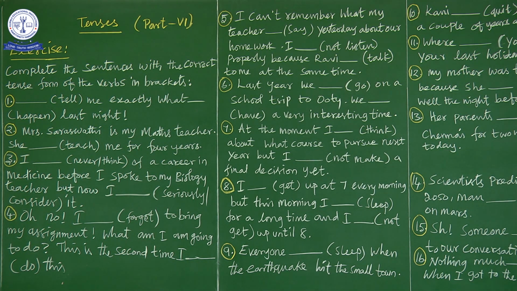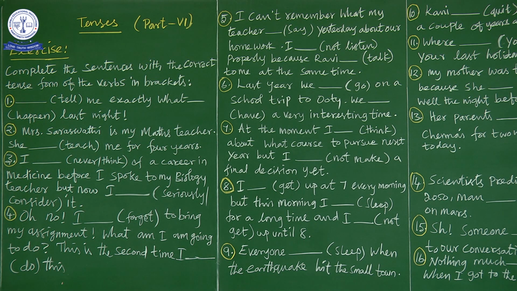And in the future tense, how many subdivisions? 4. Simple future tense, future continuous tense, future perfect tense and future perfect continuous tense. So in each tense we have 4 subdivisions, so totally we have 12 tenses.